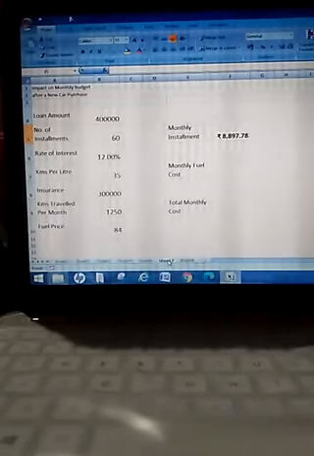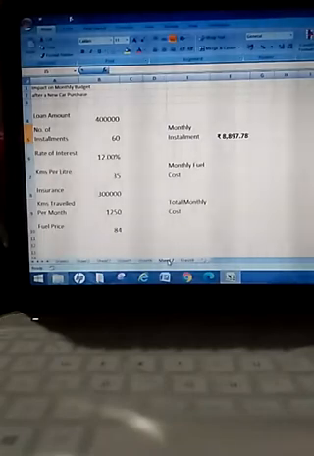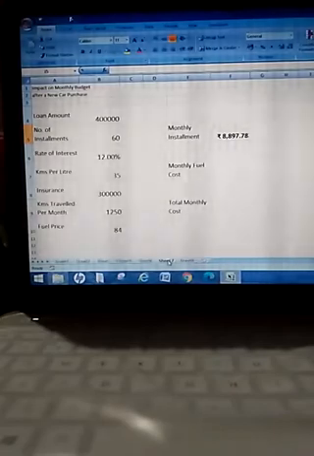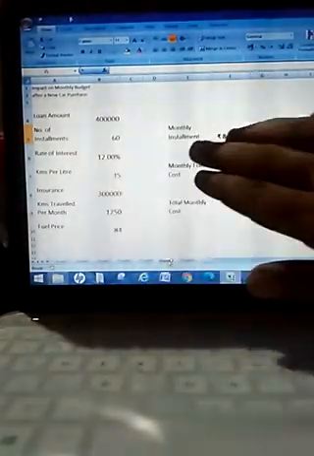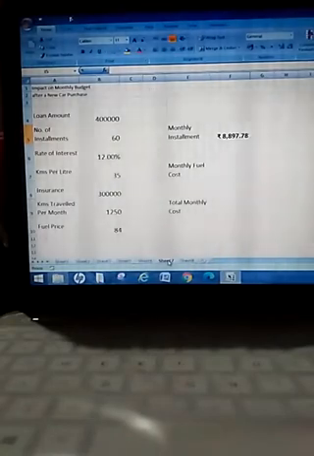That means you are making changes in the values in cells. Clear? Then how the changes affect the outcome of the formula, that is known as what-if analysis.